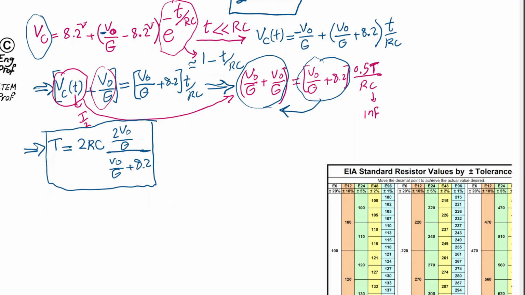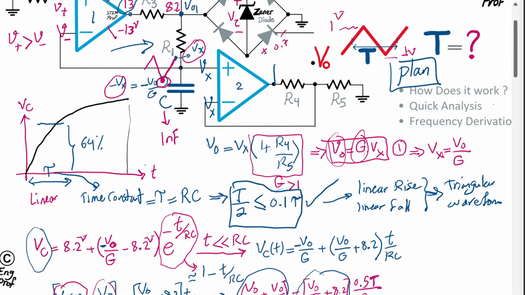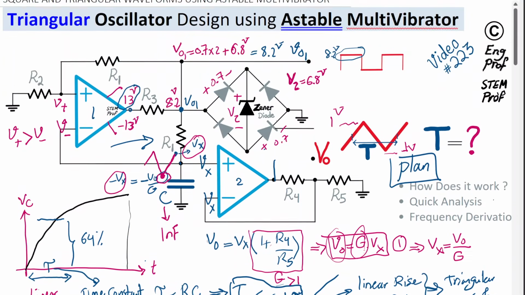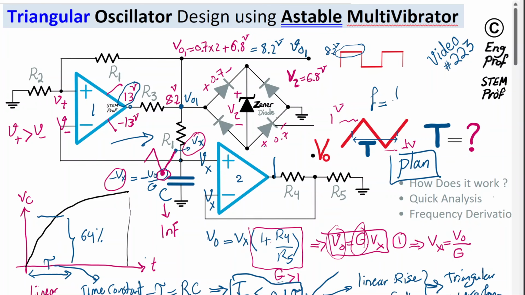And if I just reshuffle that, I can rewrite it as the frequency. Obviously, the frequency of this triangular waveform is 1 over period. So for example, if we want the frequency to be, say, 10 kilohertz, then the period has to be obviously 0.1 millisecond, or 100 microsecond.